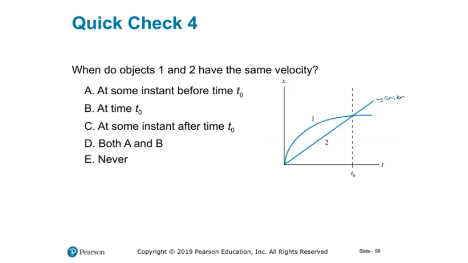Alright, we have an x versus t graph here for two different objects, 1 and 2. Do they ever have the same velocity? Now this one has a constant velocity, right? If I look, the slope is constant. Let me do a better job here.